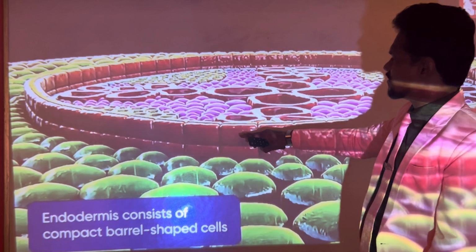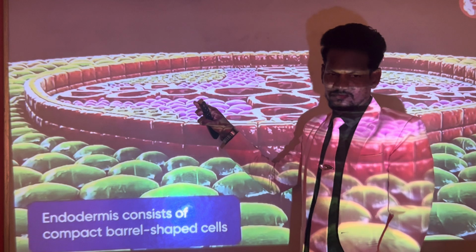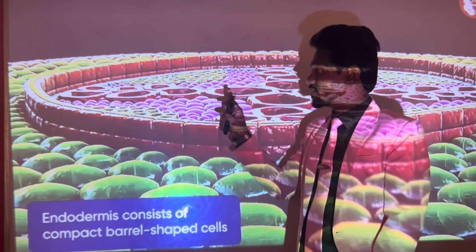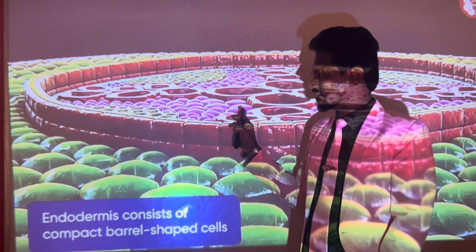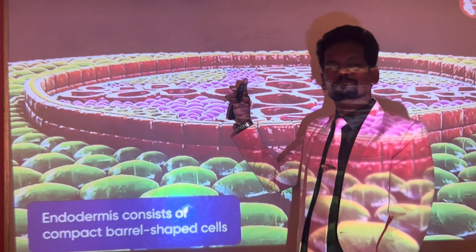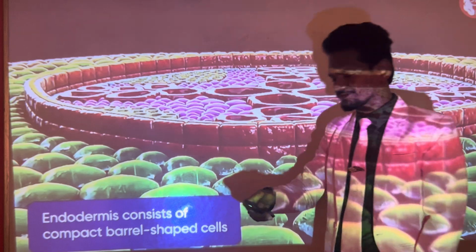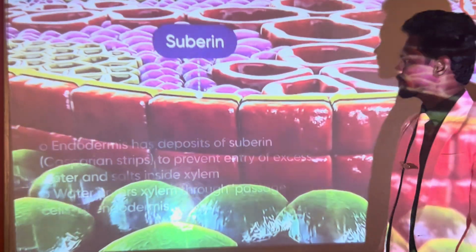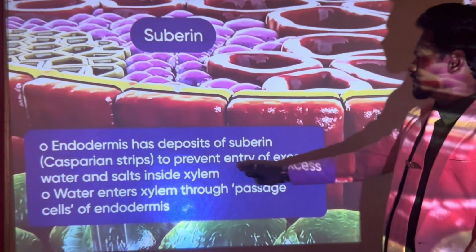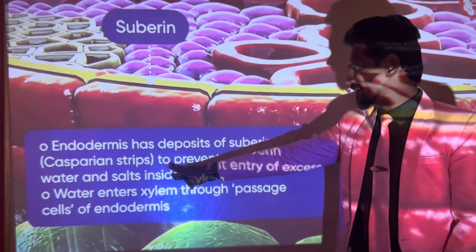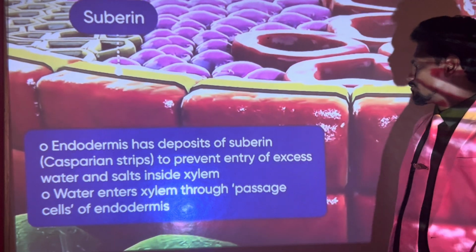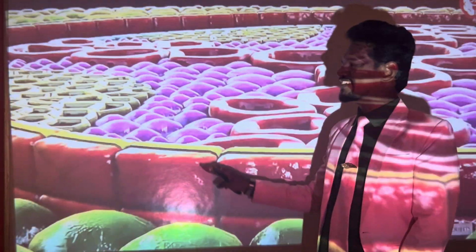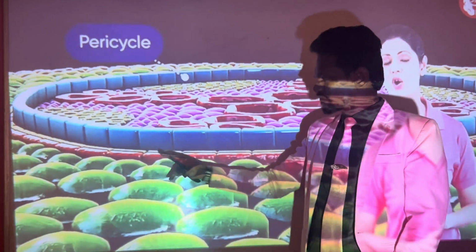The main function of endodermis is protection of the innermost stelar region, nothing but pericycle, vascular bundle, xylem and phloem, and pith. The Casparian strips are made up of suberin. So excess entry of water and salts is prevented with the help of this endodermis.